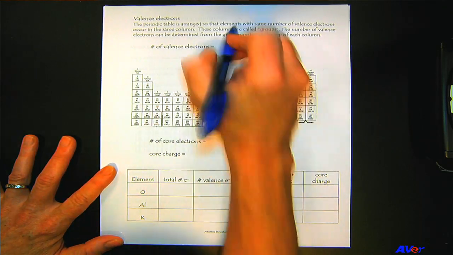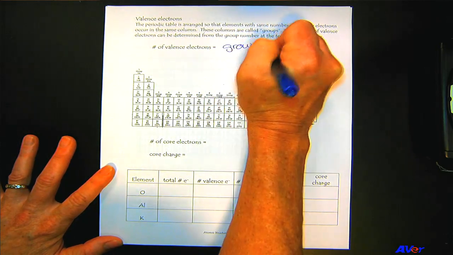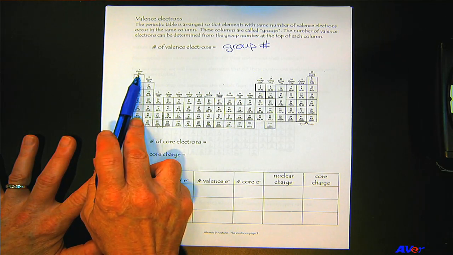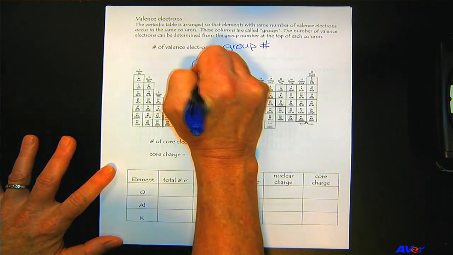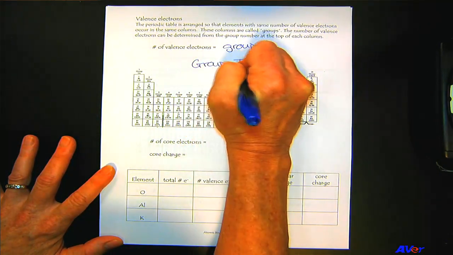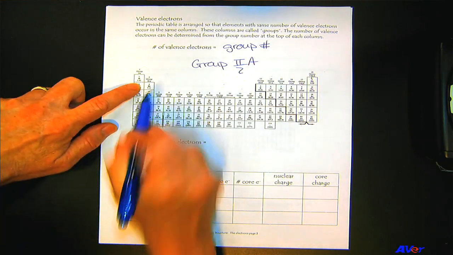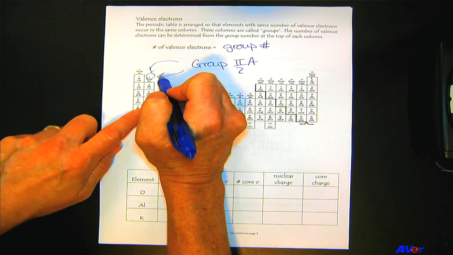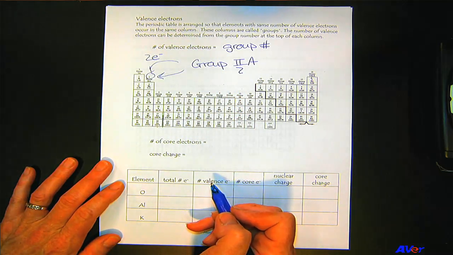So the number of valence electrons is the group number. Now, old school, it was just these Roman numerals, so it was really simple. If we look at group 2A, Roman numeral 2, or we see the 2 on top, either way, we know that this column has 2 valence electrons.